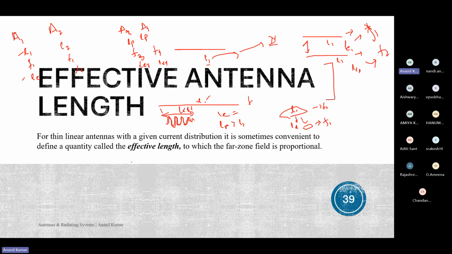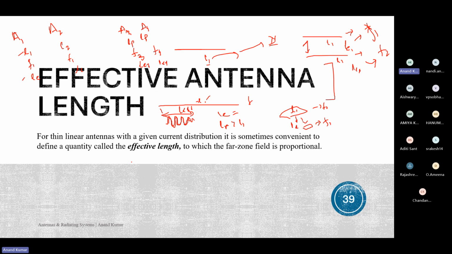Okay, so we'll proceed with the effective antenna length. I've tried to convey the gist of what the antenna effective length is. We'll look at some math, but the idea is more important: an antenna could have a very large physical length but its effective length could be much less, or it could be physically very small but its effective length would be much larger.